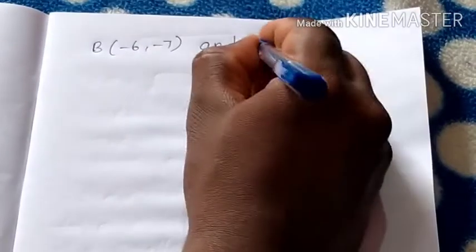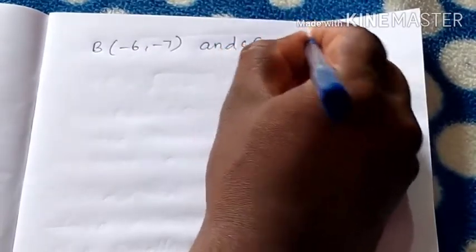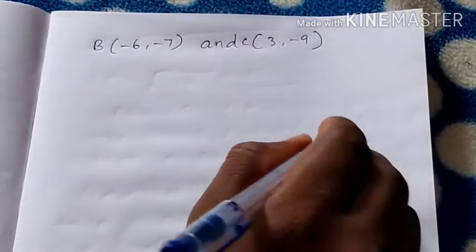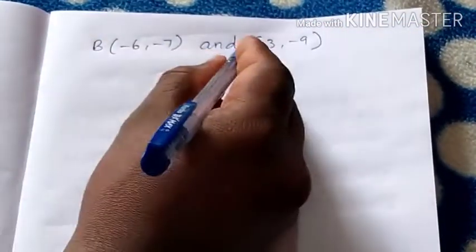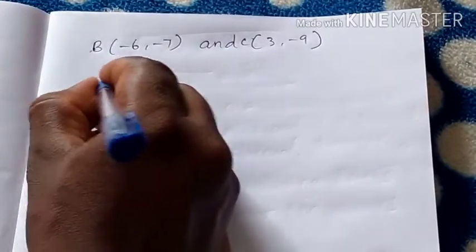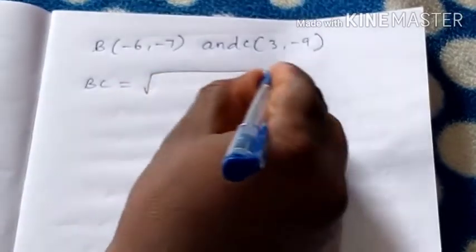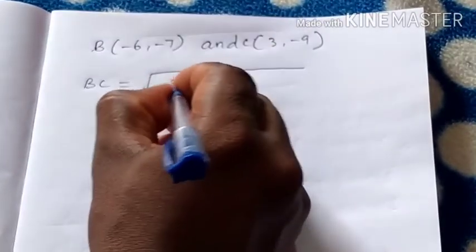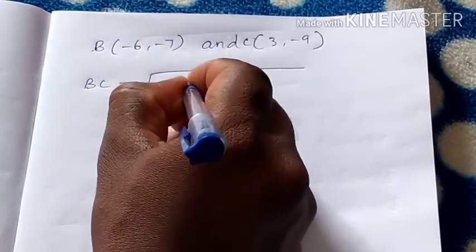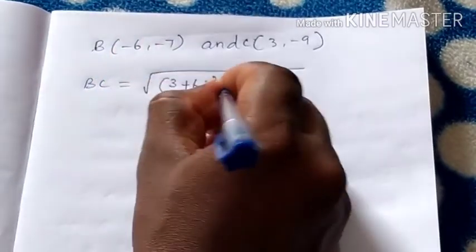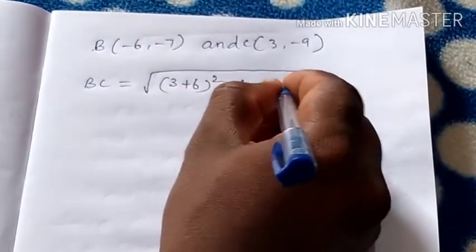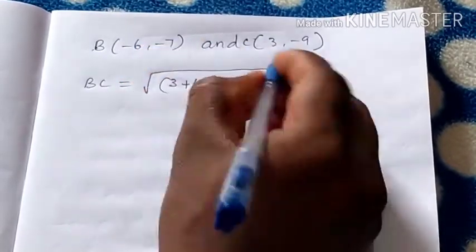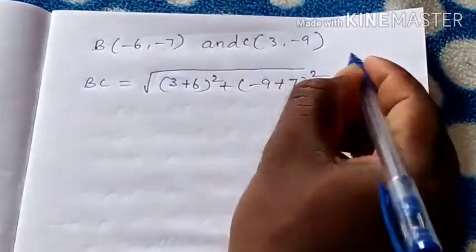Okay, then consider the BC side. B value is minus 6 comma minus 7 and C is 3 comma minus 9. Okay, next consider B and C. Find the distance between the 2 points BC. x2 is 3 minus x1 is minus 6, minus of minus plus 6 the whole square plus y2 minus 9 minus y1 value is minus 7, so minus into minus plus 7 the whole square.